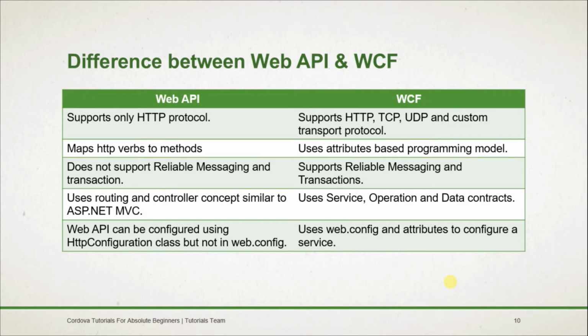Web API does not support reliable messaging, whereas WCF supports reliable messaging and transactions. ASP.NET Web API uses the routing and controller concept similar to ASP.NET MVC, whereas WCF uses service operations and data contracts. Web API can be configured using the HttpConfiguration class. In WCF, we need to use the web.config file and attributes for that.